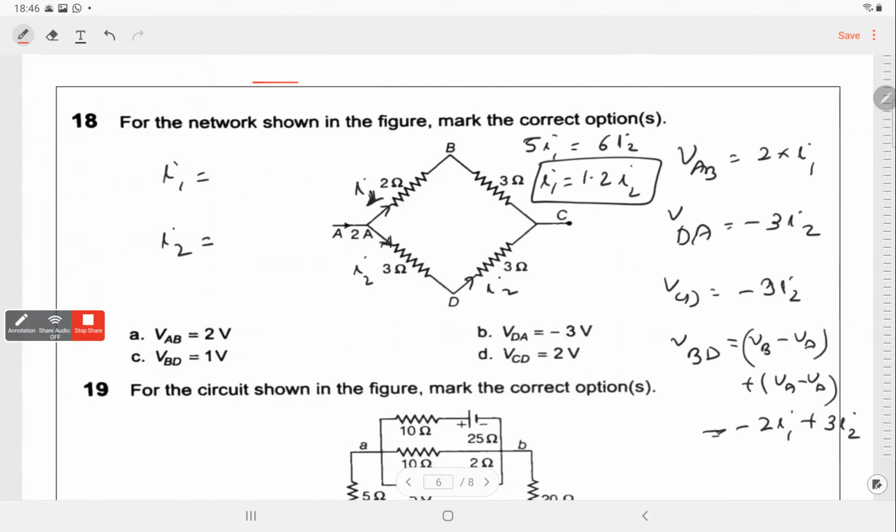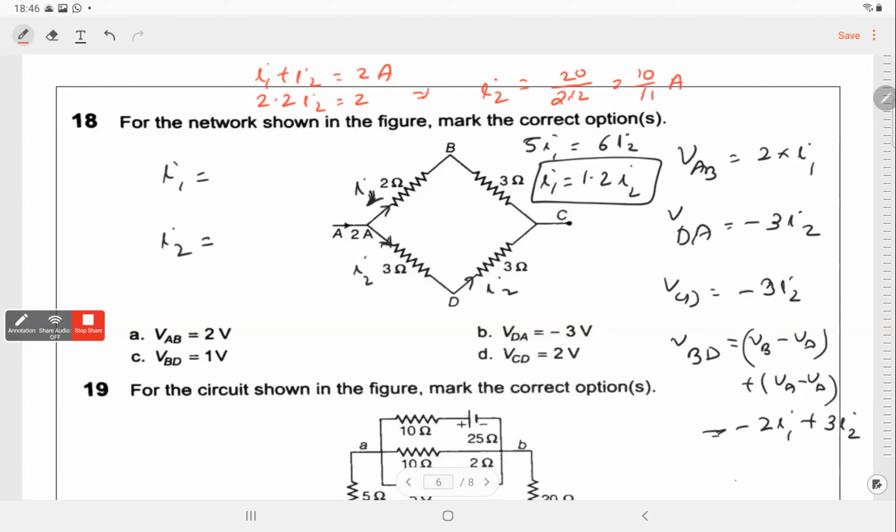I1 plus I2 की value है 2 ampere. Whoever has worksheet में, but at least see how to solve. Put I1 as 1.2 I2, so 2.2 I2 is equal to 2. I2 will become 2 upon 2.2, which is 10 by 11.